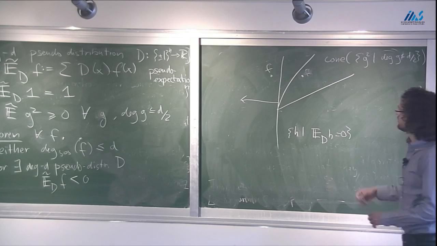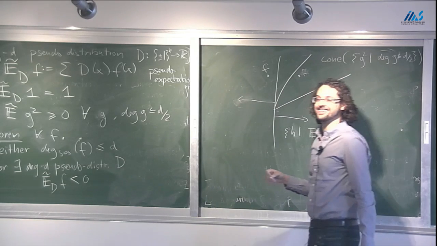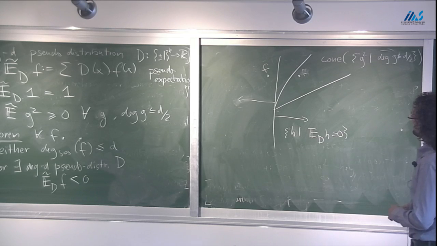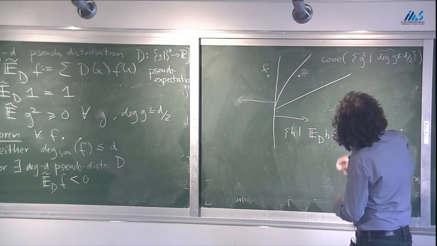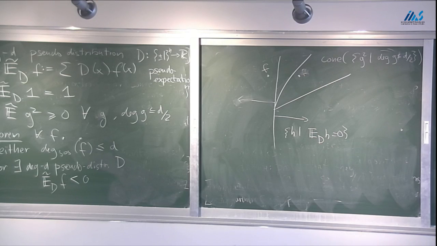Yes, that's the picture. And actually, I think maybe a cute exercise is to verify that this cone is closed. It's not trivial, but it's true. This text and this picture say the same thing. Yes, exactly.